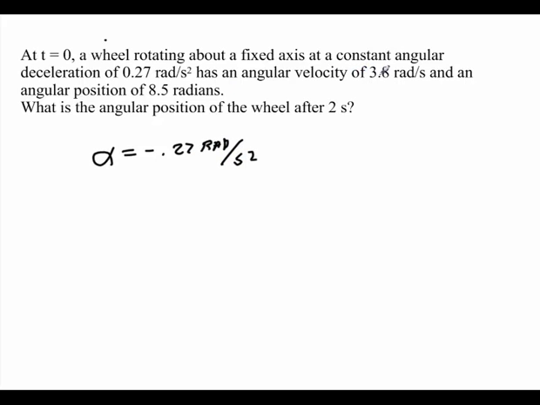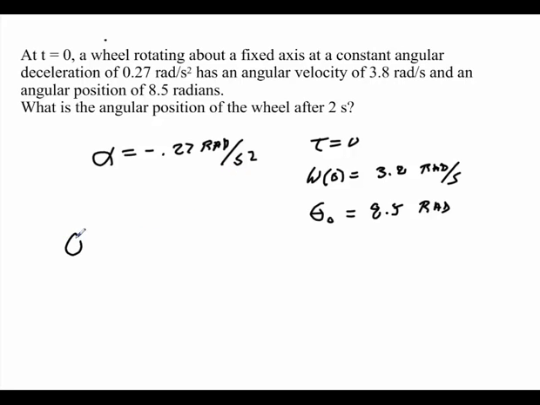At time equals 0, the angular velocity omega is 3.8 radians per second, and theta is equal to 8.5 radians. What is the angular position of the wheel after 2 seconds?